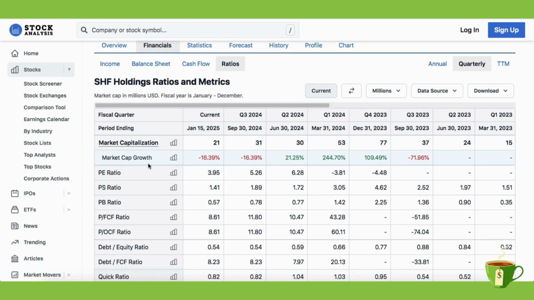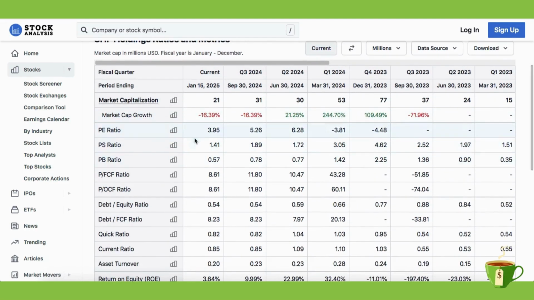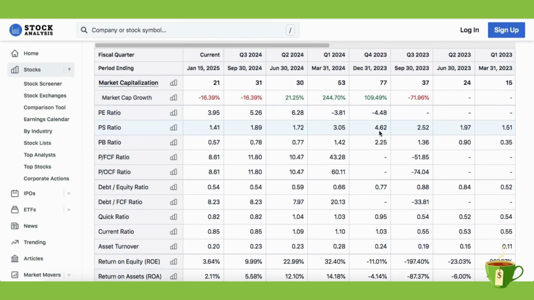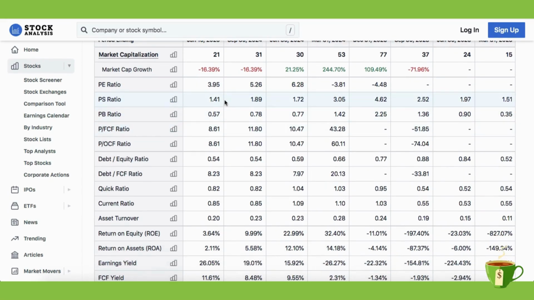So far, it looks like their PE is going down, which we want. The PS is staying the same, but kind of on a downward trend from 2023, it's kind of confusing. We'll just leave that blank. The price to sales is just, what's the price compared to how much sales they're making.